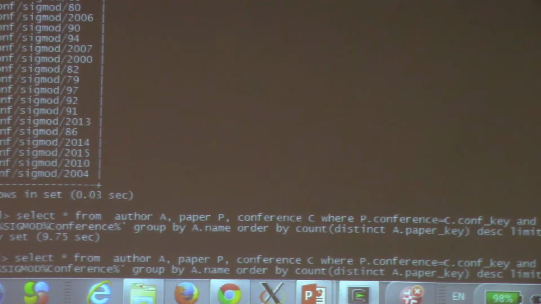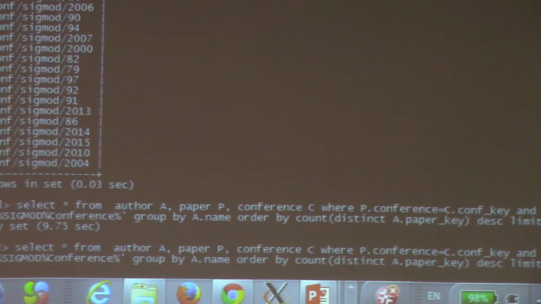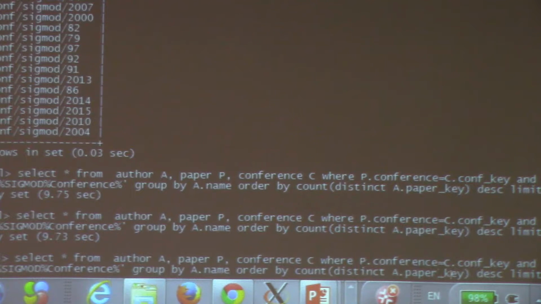No, that's okay. The case was certainly fine. Empty set, that's weird. You are matching p.conference with c.conference key. Conference is the name, not the key. All right, got it. So conference is the name, not the conference key. Okay, got it. So in that case, we don't even have to use the conference table at all, right?